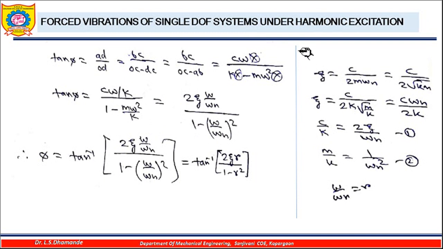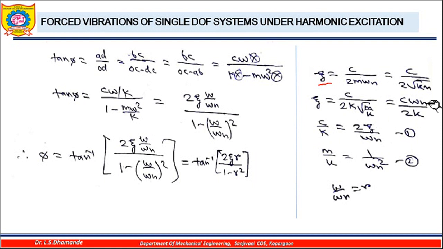For that I will use the term zeta, which is the damping ratio: C by Cc, the damping coefficient of the system divided by the critical damping coefficient. We know Cc is given by 2 m omega n, or 2 under root k into m. Simplifying zeta, C in the numerator as it is, and 2 k under root m by k, where under root m by k is the inverse of omega n.